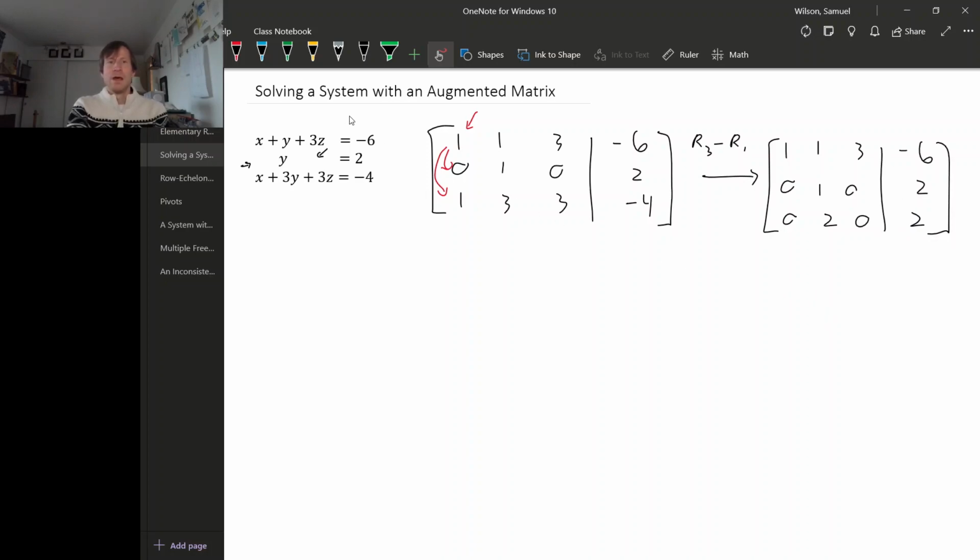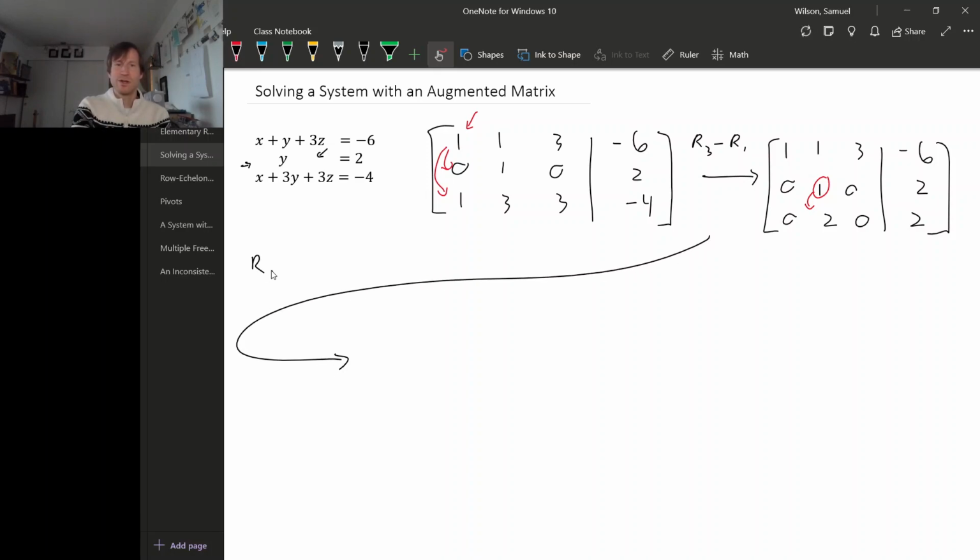Okay. Now that we've zeroed out everything below this upper left-hand corner, now we can move down a row and zero out everything below this 1. So we're going to take row 3 and subtract 2 times row 2.